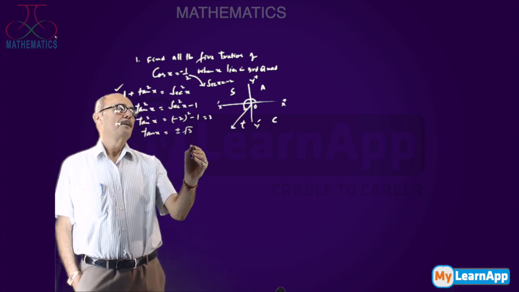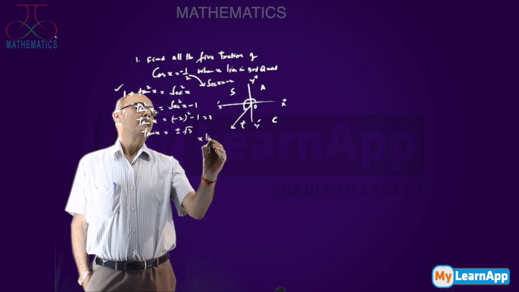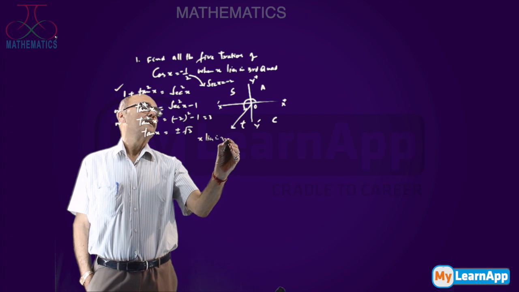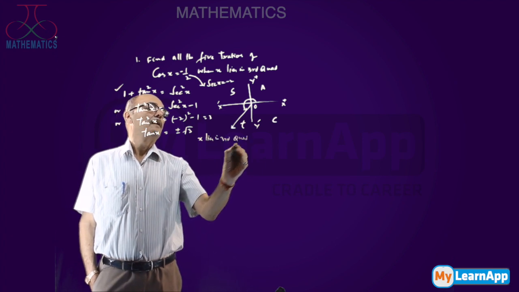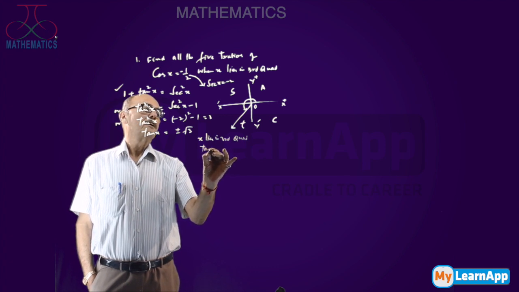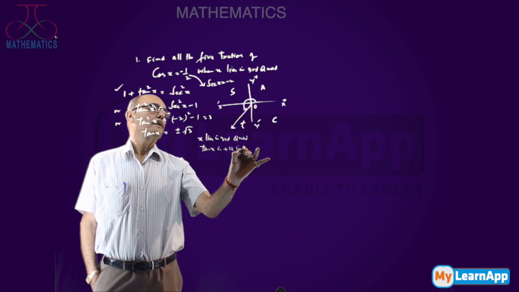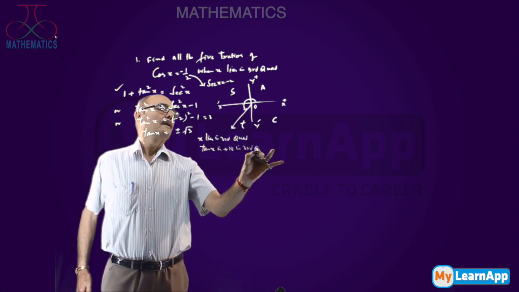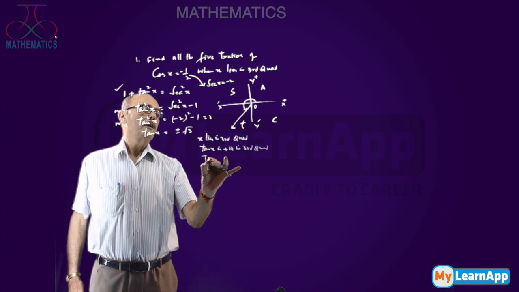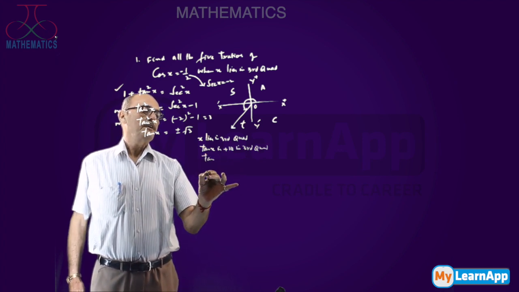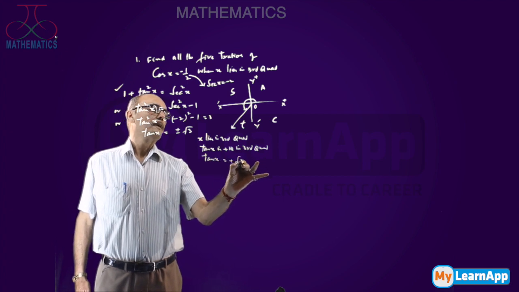Since x lies in third quadrant, and tan x is positive in third quadrant. So, therefore, taking tan x equals to plus root 3.